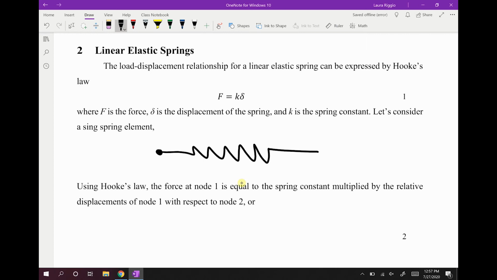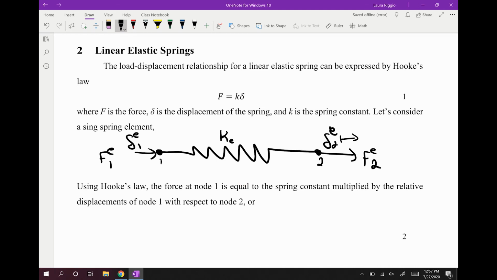I have one end, I have two ends. There is a force on this end, there's a displacement on this end. My spring has some spring constant. There's a displacement on this end, and then there's a force on this end.